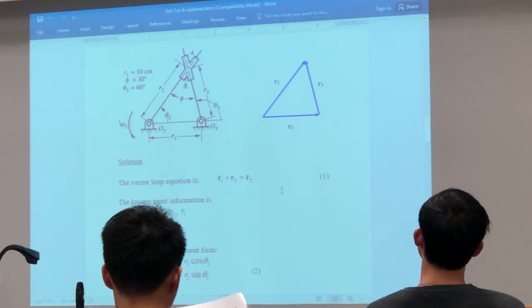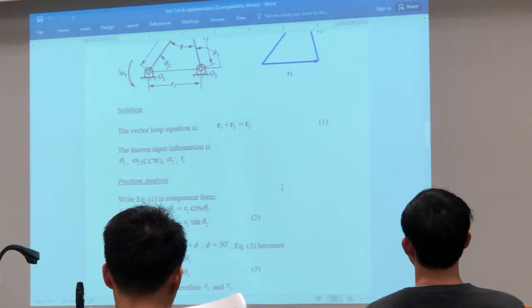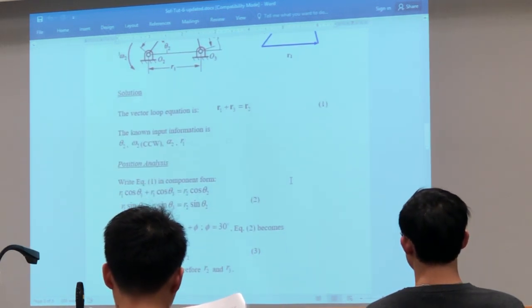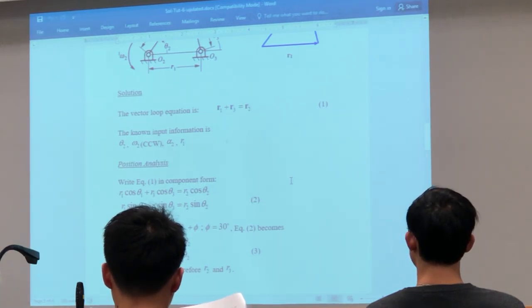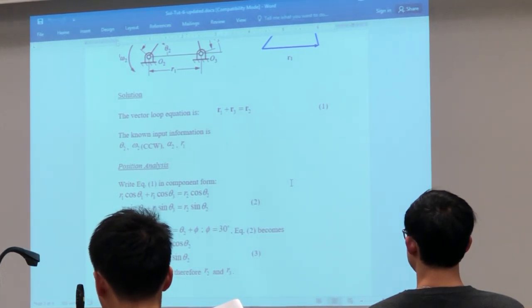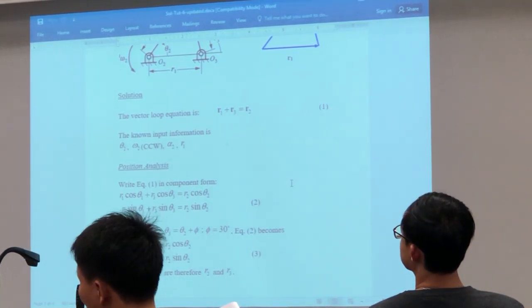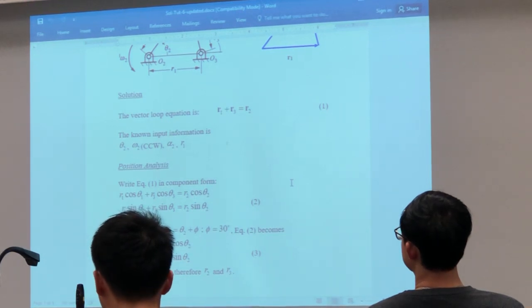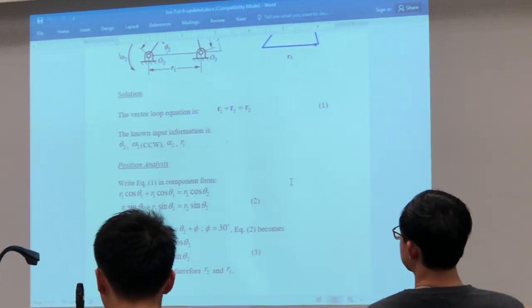From the two equations, you can solve for R3 and R2. Remember for this case, you have theta 3 equal to theta 2 plus phi, and phi is a constant angle.